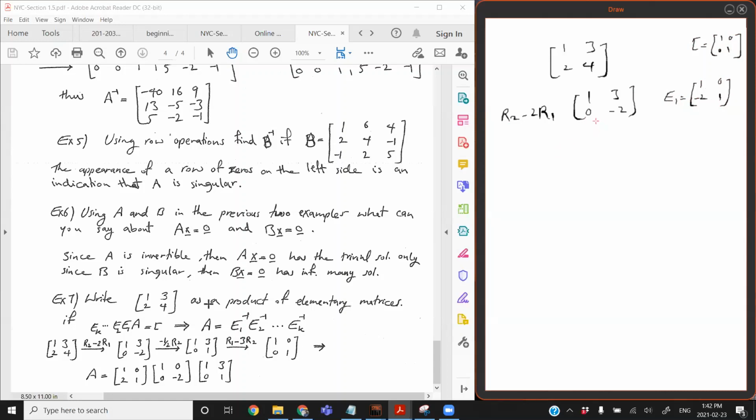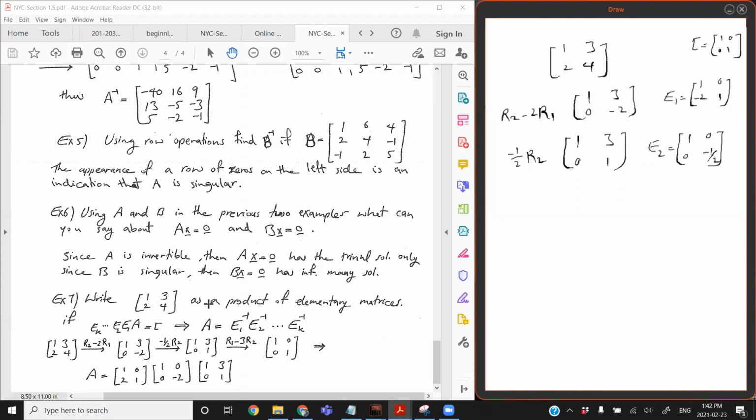Then I need to perform a row operation on this one. And that row operation would be multiplying this by negative 1 over 2 so that I have a 1 here. So negative 1 over 2 row 2: [1, 3; 0, 1]. And the corresponding elementary matrix would be [1, 0; 0, negative 1 over 2].